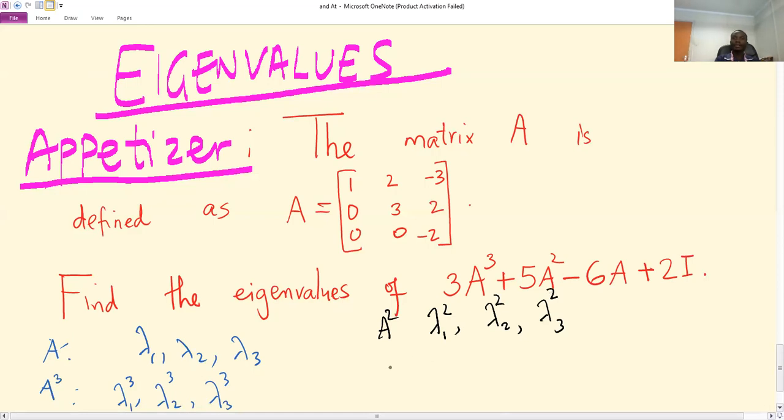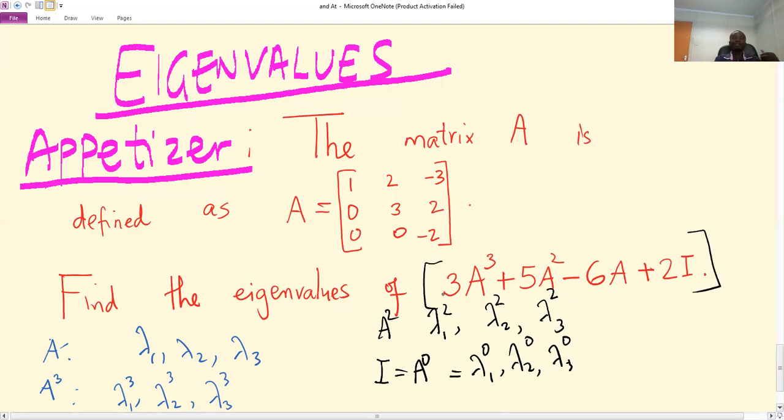And identity is the same as A power 0, so you simply have lambda 1 power 0, lambda 2 power 0, lambda 3 power 0. Then we get their linear combinations as given in this equation.